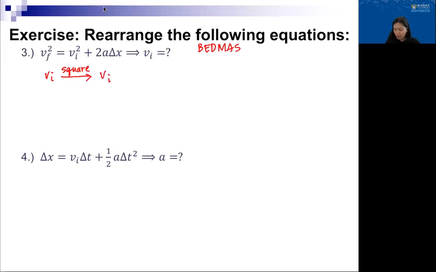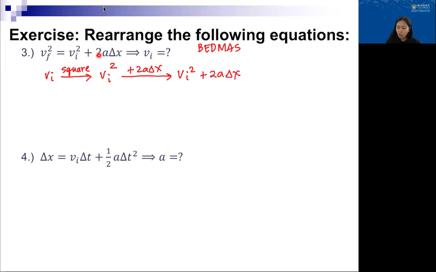So you have VI squared, okay, before you add 2A delta x. Right? So you have, therefore, VI squared plus 2A delta x.